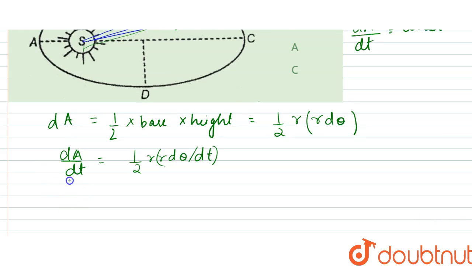So from here, since it is constant, we can write this to be equal to half r square d theta by dt, which is the angular velocity. So angular velocity can be written as omega, and that would be constant.